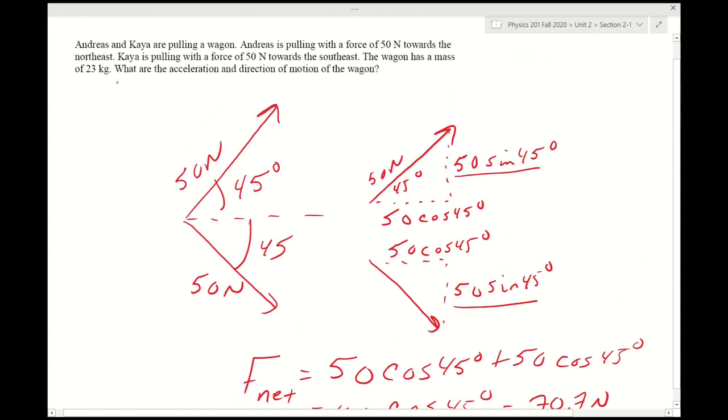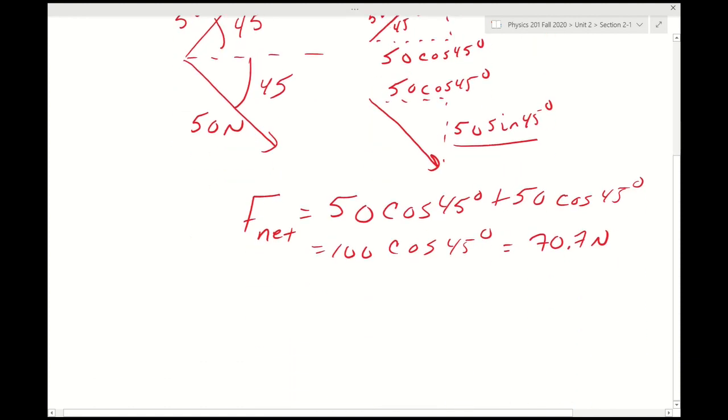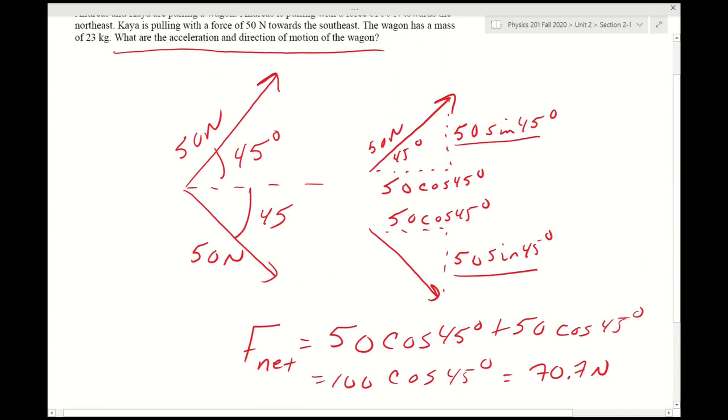The question asks for the acceleration in the direction of motion of the wagon. So our net force is mass times our net acceleration. Our net force we know is 70.7 newtons. Our mass is 23 kilograms.